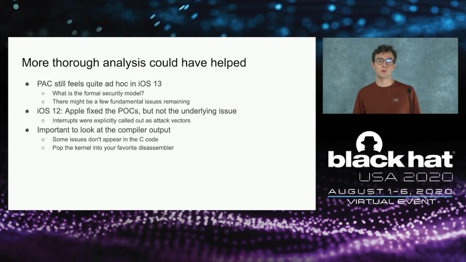Another thing which I think is worth pointing out is that when I initially reported the proof of concepts for the iOS 12 bypasses, Apple was able to fix the specific POCs that I reported, but they did not address the underlying issue for that 5th bypass, which is that interrupts were enabled. I find this a little bit disconcerting because I explicitly called out the fact that interrupts were dangerous during thread state signing operations in my initial report.